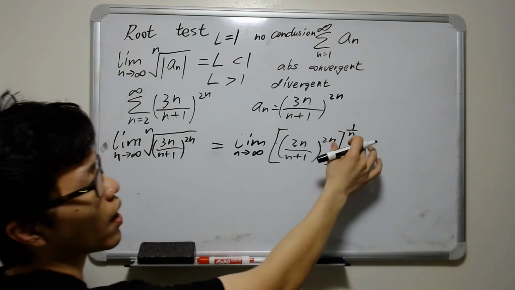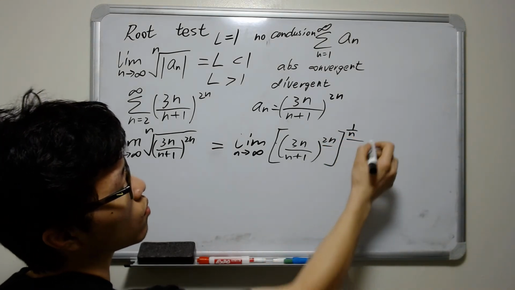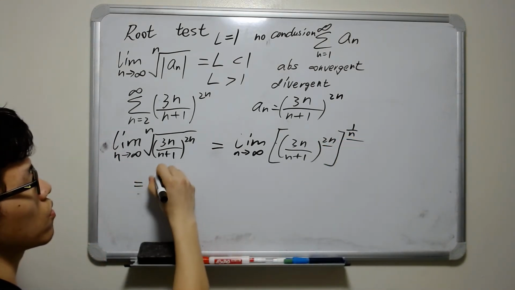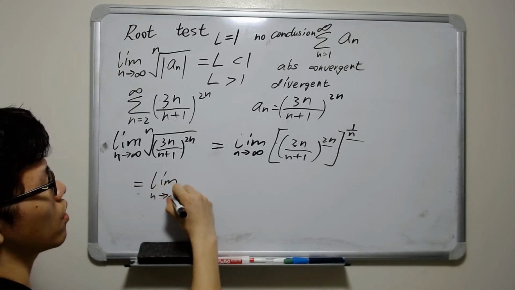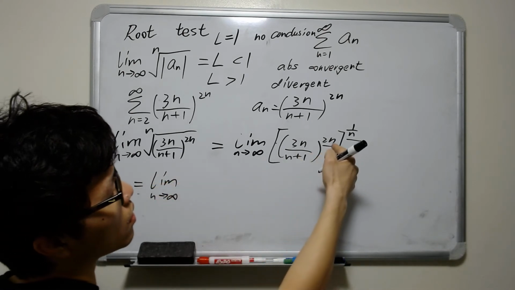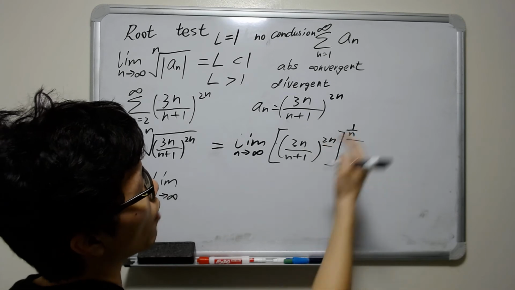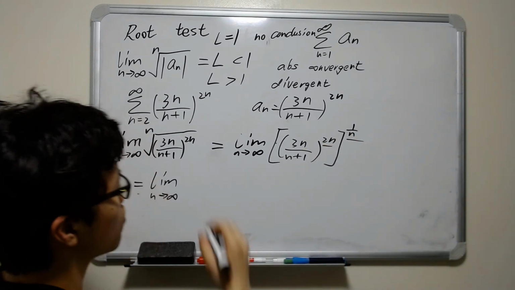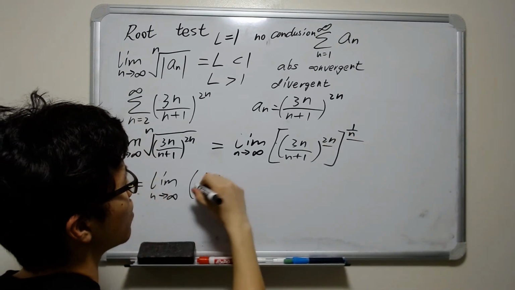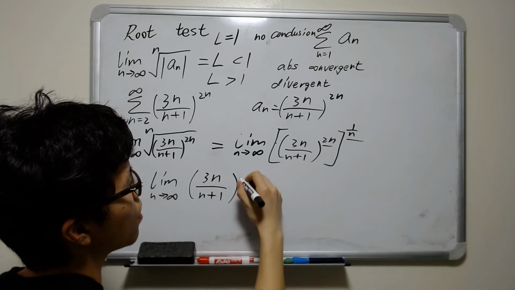So we can combine the power 2n and 1 over n here. So it's the limit as n goes to infinity, and we multiply 2n by 1 over n, so it's (3n over n plus 1) squared.